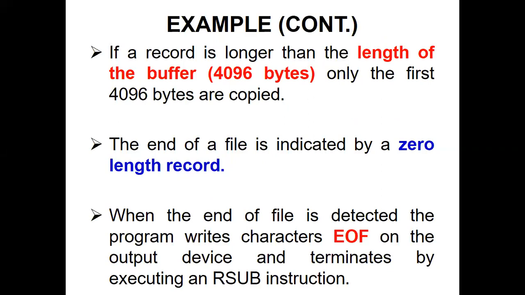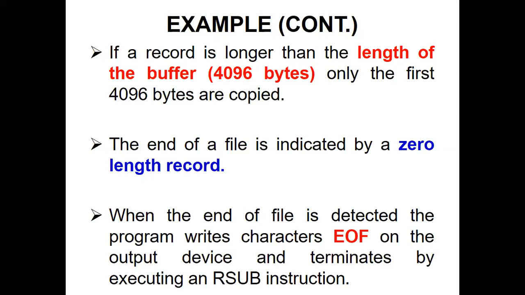And the end of the file is indicated by a 0 length record. So if you read a record which has 0 length, then it means that you have reached the end of the file. Then the end of the file is detected.